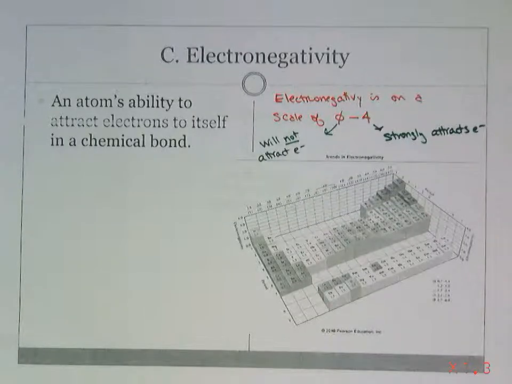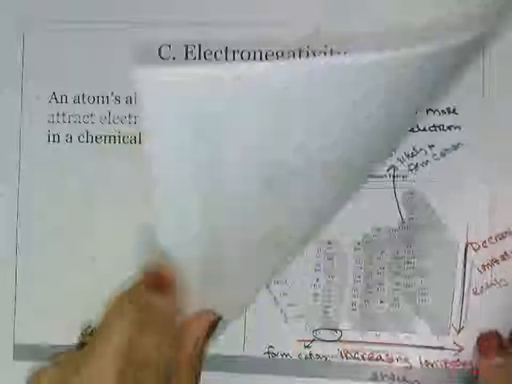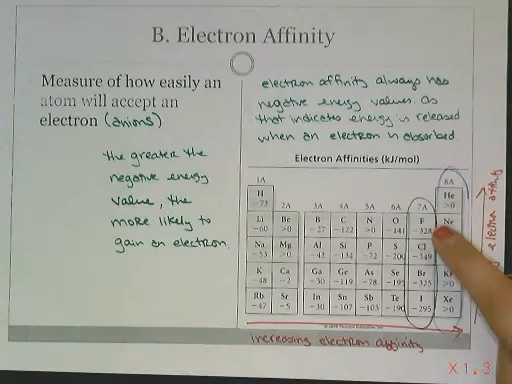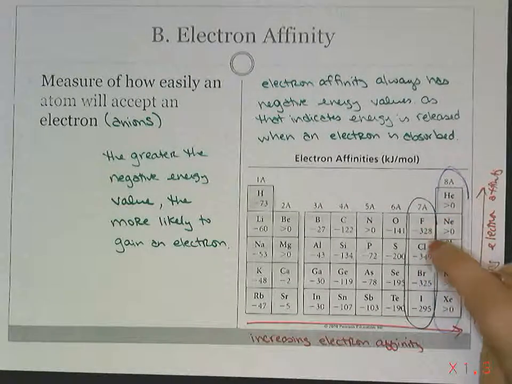All right, so knowing what we know about electron affinity, what element is most likely to have a 4 on the electronegativity scale? Fluorine. Fluorine was our highest ranking electron affinity. Well, fluorine. It's going to be one of the halogens for sure, right?